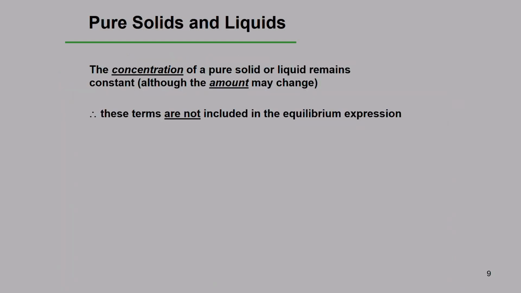The thing about equilibrium constants, however, is the concentrations of pure solids and pure liquids aren't going to change, although their amounts may change. So these terms, i.e. the concentrations of pure solids and pure liquids, aren't in an equilibrium constant. So we actually exclude those terms.